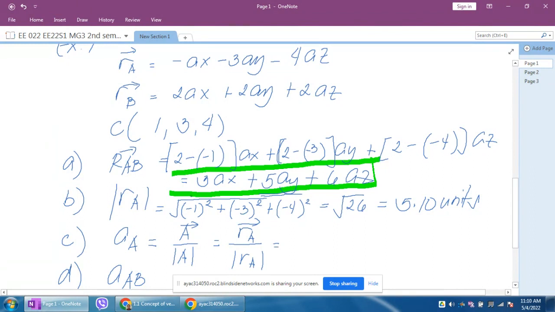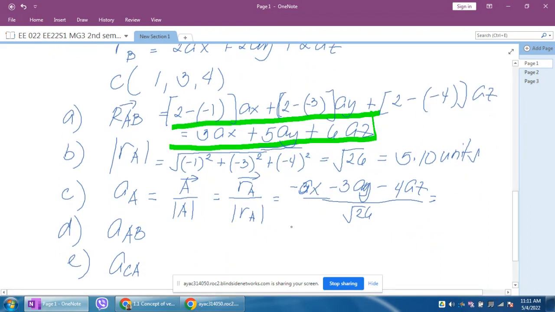So, kumuha na po tayo ng magnitude ng RA, 5.10. So, this will give us now a value. So, vector over magnitude po, negative AX minus 3AY minus 4AZ all over 5.10 or square root of 26. So, i-distribute mo lang po yun, isa-isa lang. No? So, in decimal value, so medyo sumisikip na yung aking notepad.